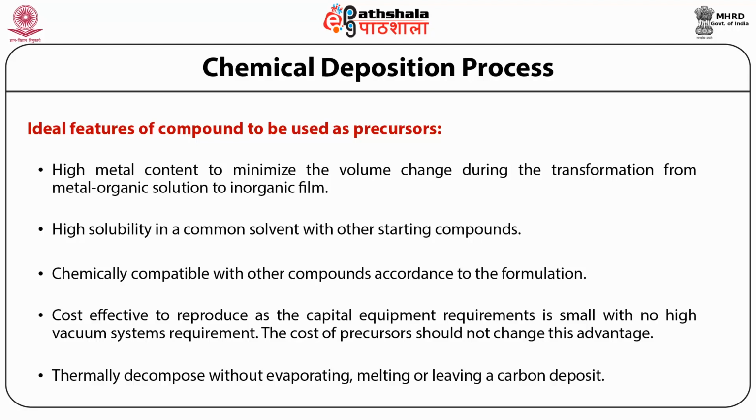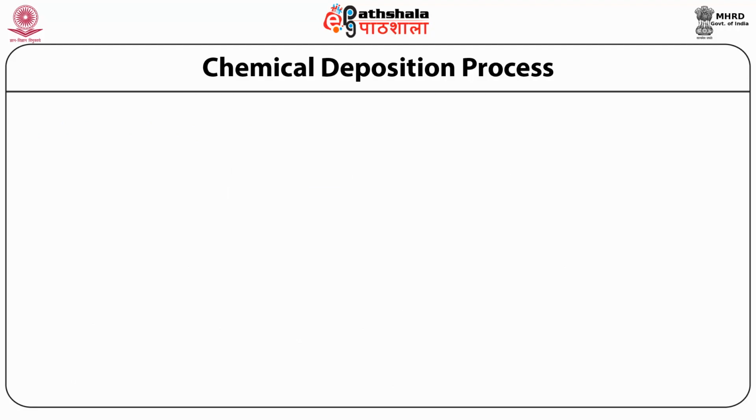So the ideal features for a compound to be used as a precursor are: number 1, it has a high metal content, it should be highly soluble, it should be chemically compatible, and the fourth one is cost effectiveness. Now after seeing the features of an ideal precursor, let's see the ideal features for a solvent.